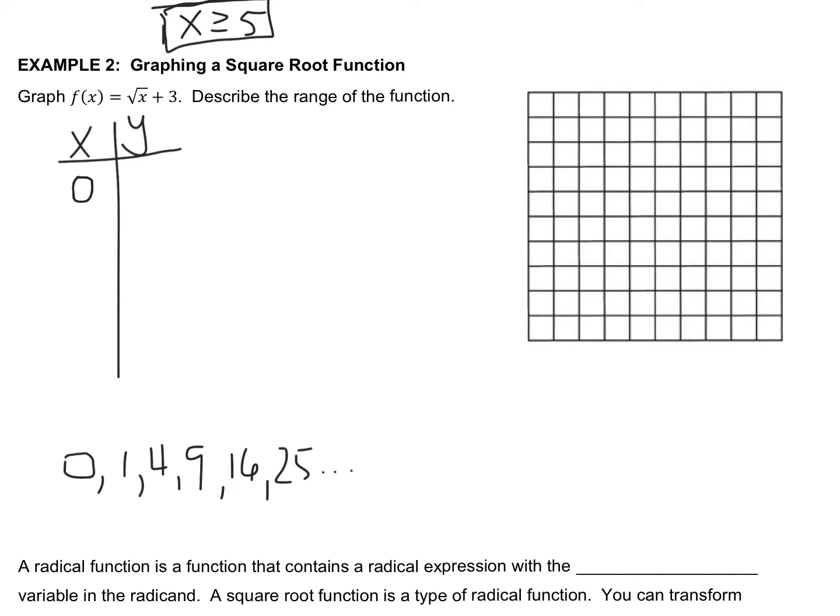So for this one, I would pick numbers like 0, 1, 4, 9, and let's go to 16. We'll get 5 points out of this. Now I'm going to use my order of operations. This says take the square root of x, add 3 to it. That gives me 0 plus 3, which is 3.